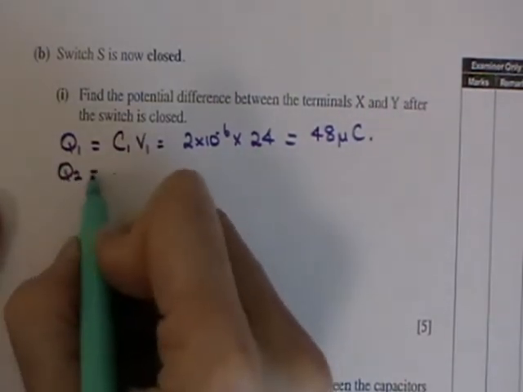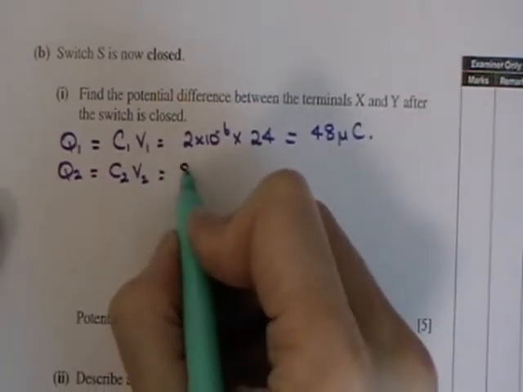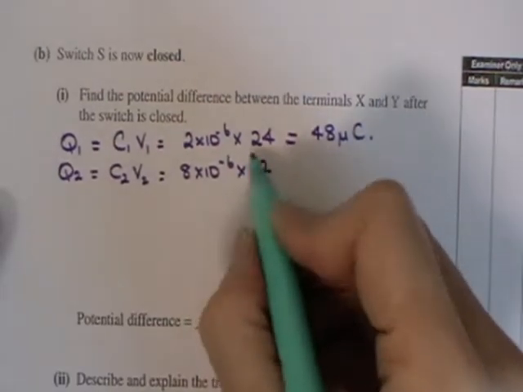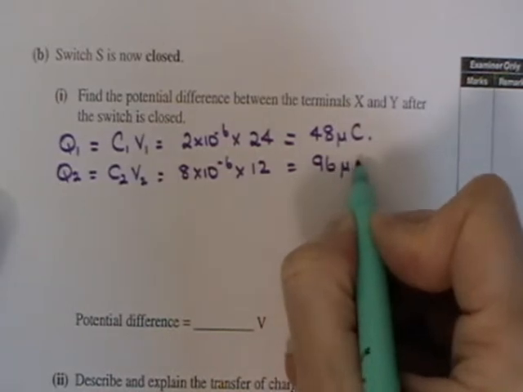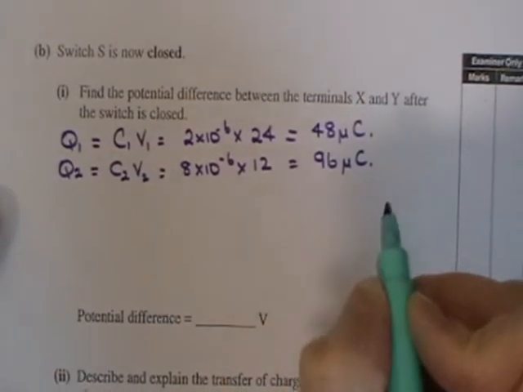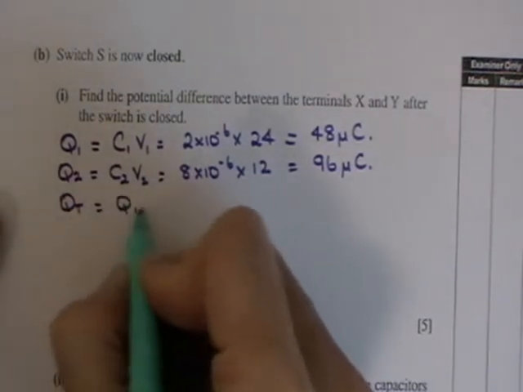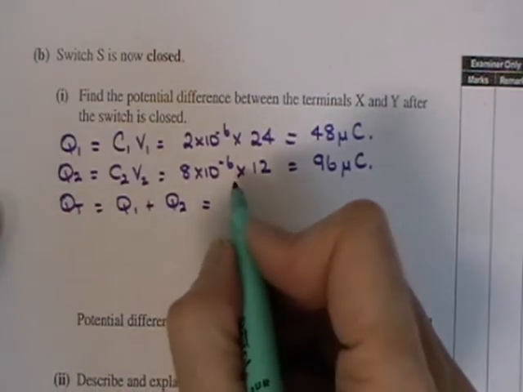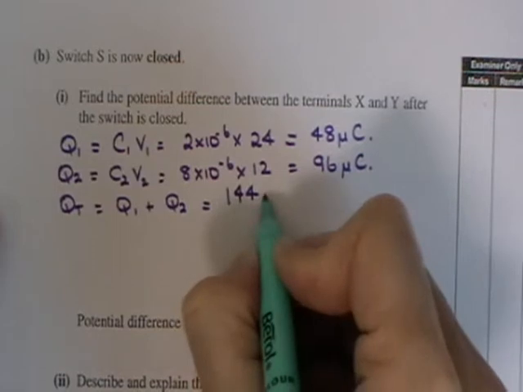Q2 across the second capacitor is C2V2, which is equal to 8 by 10 to the minus 6 times 12 volts, and that gives you a total of 96 microcoulombs. So therefore the total charge equals Q1 plus Q2, and that's equal to 144 microcoulombs.